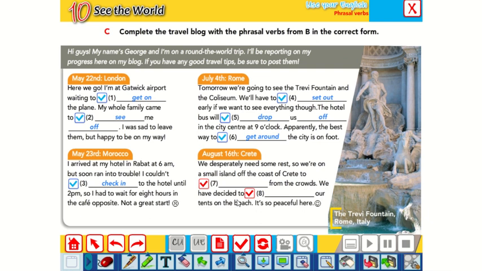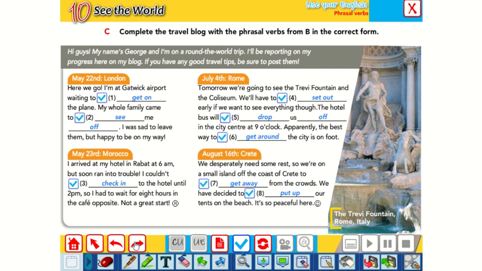We have decided to space our tents on the beach. We decided to put up our tents on the beach. It's so peaceful here. Yes, this is all the answers for this exercise. All of them are correct.